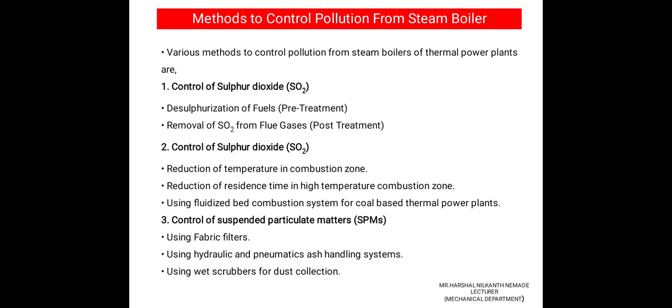Control of oxides of nitrogen: reduction of temperature in a combustion zone, reduction of residence time in high temperature combustion zone, use fluidized bed system for a coal bed thermal power plant.